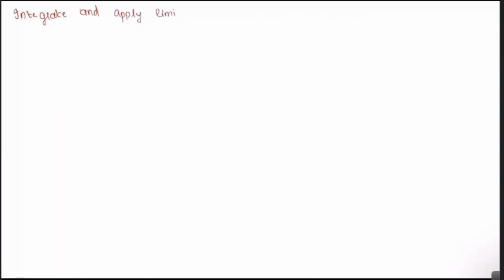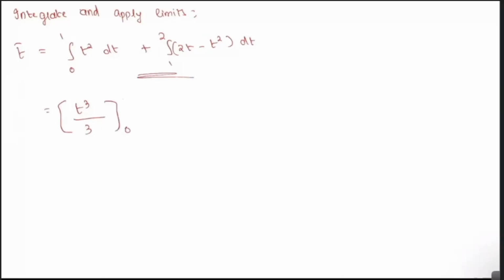So t bar is integral 0 to 1 t square dt plus integral 1 to 2 2t minus t square dt. So this will be t cube by 3 from 0 to 1 plus 2t square by 2 minus t cube by 3 from 1 to 2.